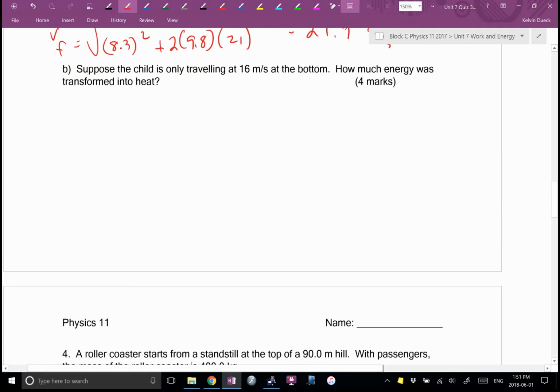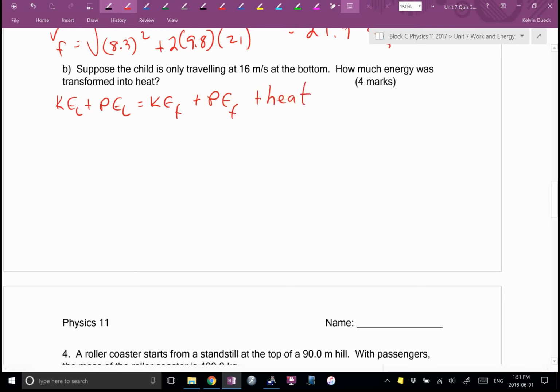Suppose this child is only traveling at 16 meters per second at the bottom. How much energy was transformed into heat? We're going to redo the question, Christy, but this time we're going to add heat.